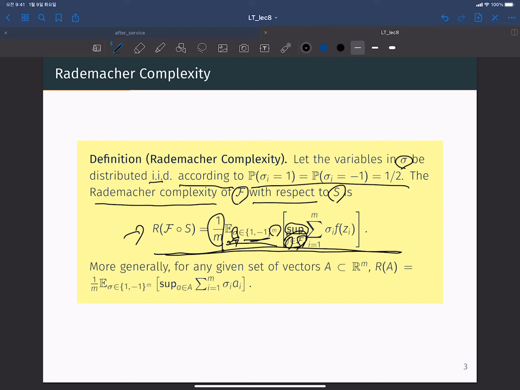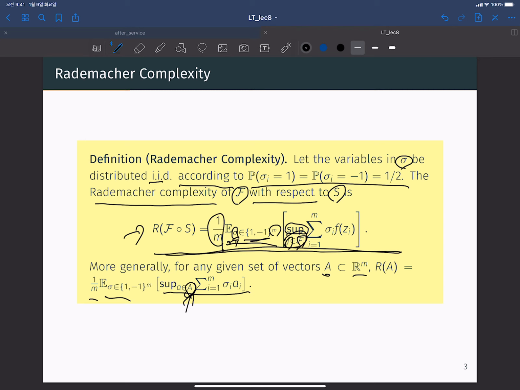So more generally, the Rademacher complexity is this: for any given set A of vectors, a subset of m-dimensional vectors, R(A) is equal to 1 over m times the expectation over a random sigma vector, which comes from a uniform distribution over the {-1, 1}^m vector space, of the supremum over a in A, so this is kind of like a function class, of the summation i=1 to m of sigma_i times a_i. Okay, so that is the Rademacher complexity.